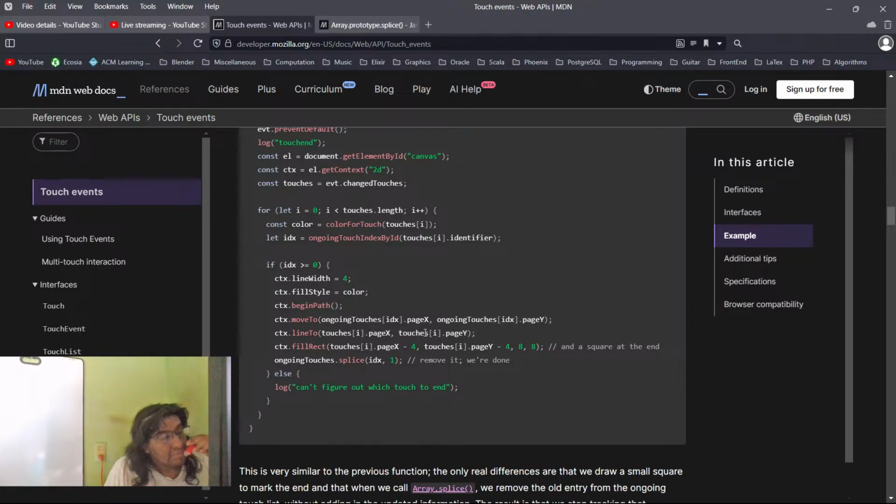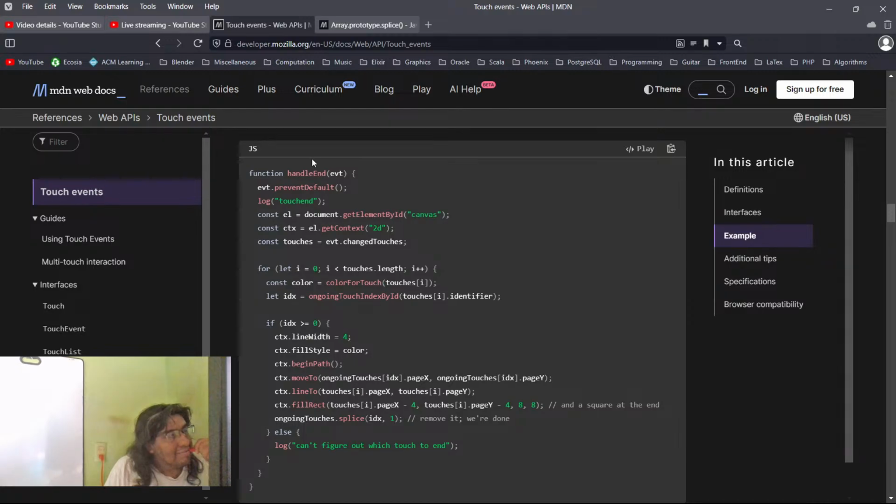This is a hard one. Why are they, they even need to, it seems like even when they handle the end event, they are still drawing lines.